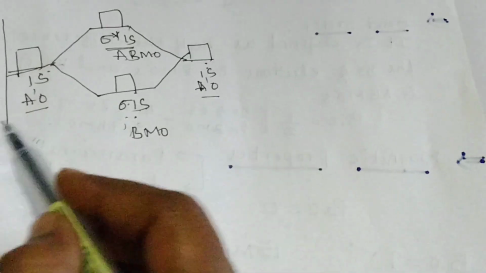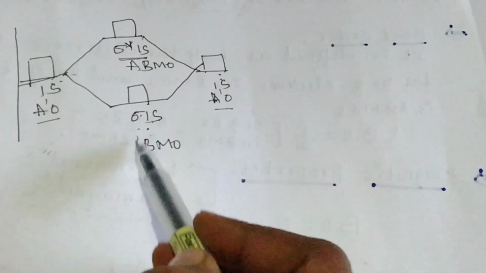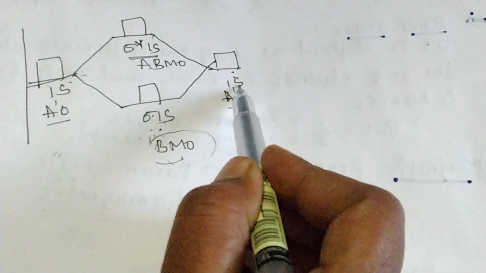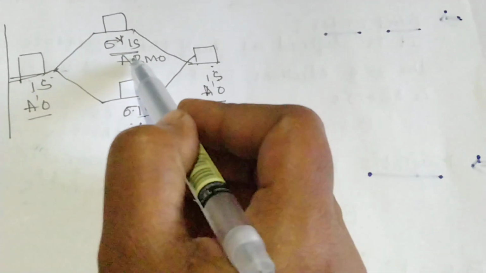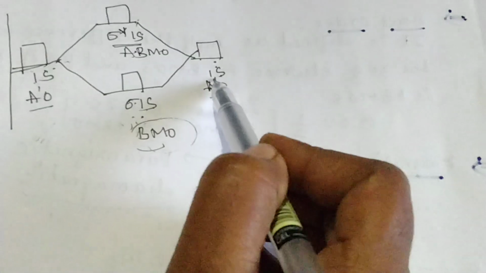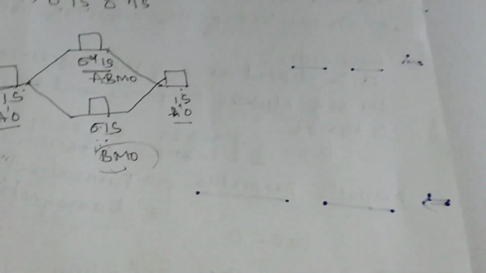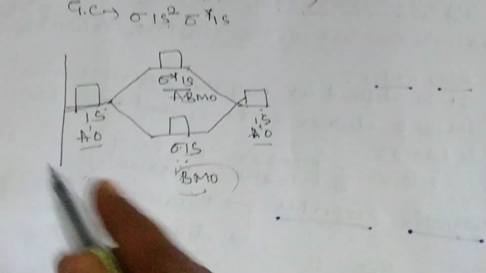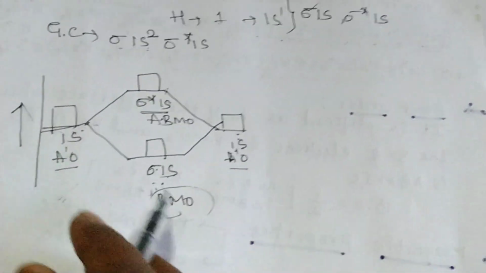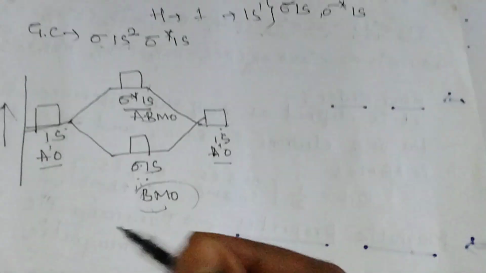So the bonding molecular orbital has lower energy than the atomic orbitals, and the anti-bonding molecular orbital has higher energy than the atomic orbitals. Okay, so this is the energy level diagram. We have to draw in increasing order of energy. Now we have to accommodate electrons.